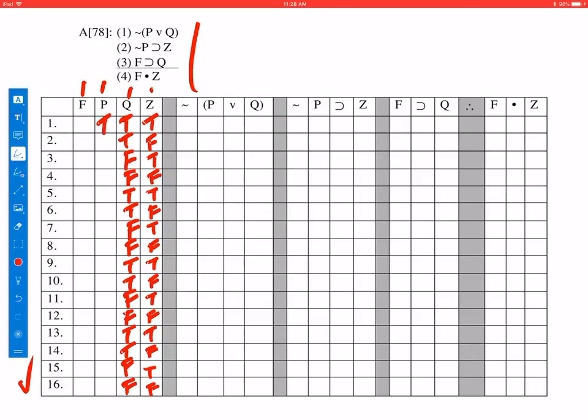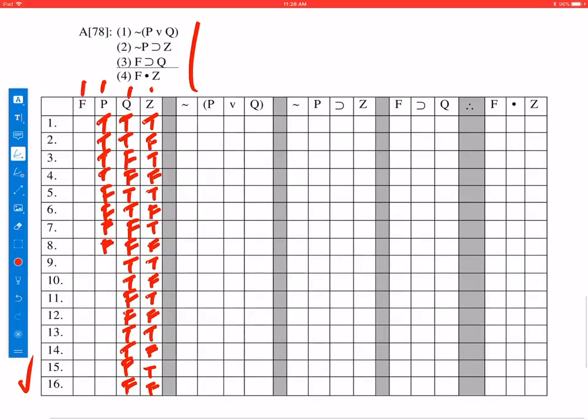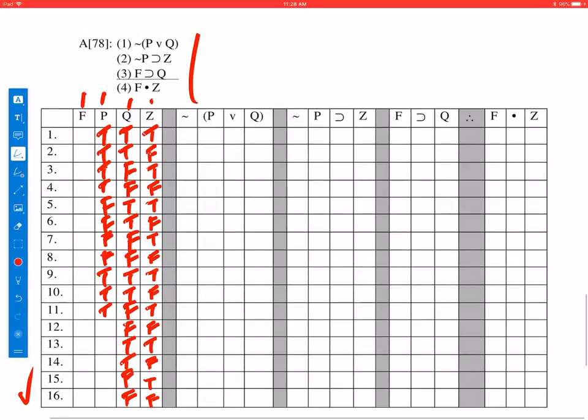We move over again, we need to double the pattern again, so now we're up to 4 trues before we switch to 4 false, back again to 4 true, and 4 false.